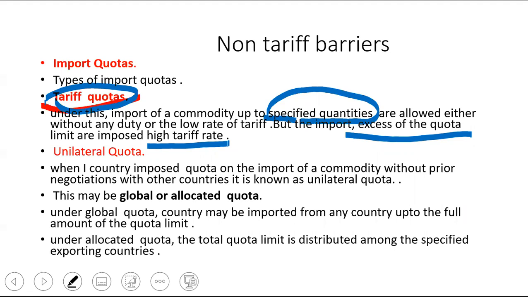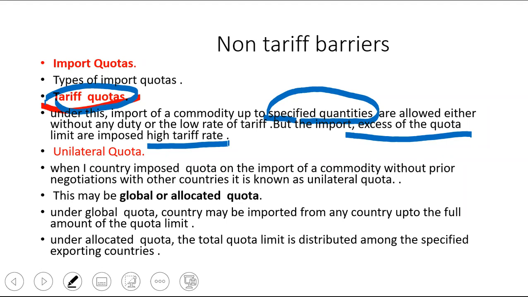What is tariff quota, children? It is a combination of tariff plus quota. First, government is imposing quota restriction. When government is imposing quota restrictions, what will happen, children? Up to a particular quota, you can import the goods. कैसे import करेगा?